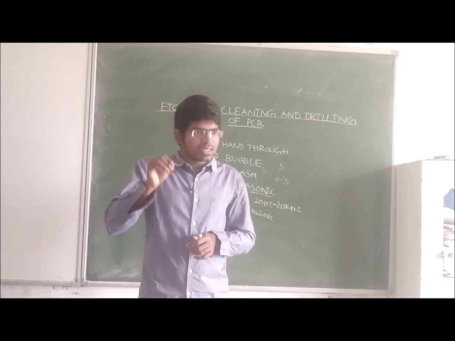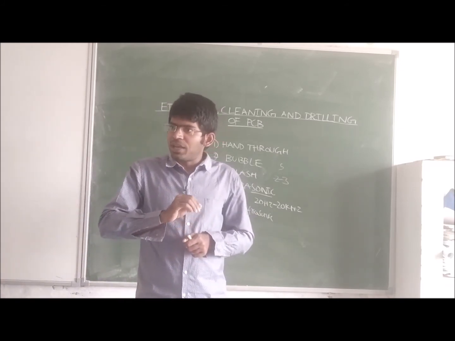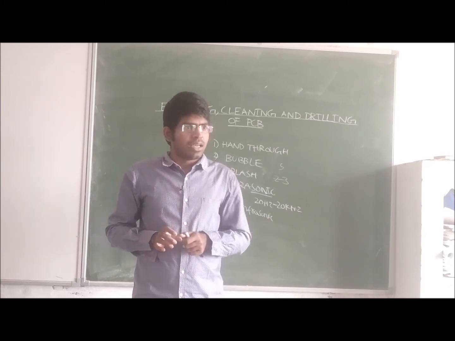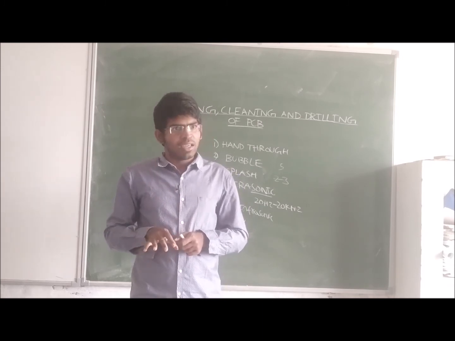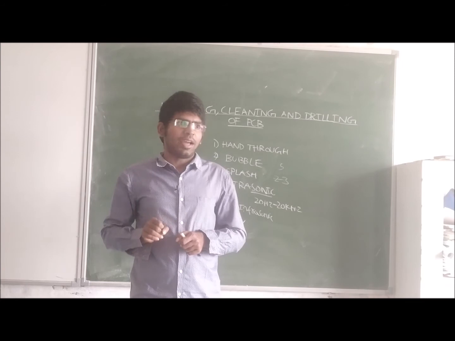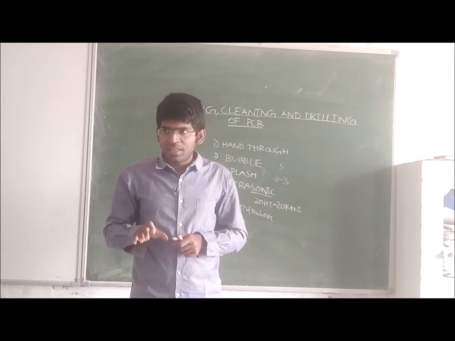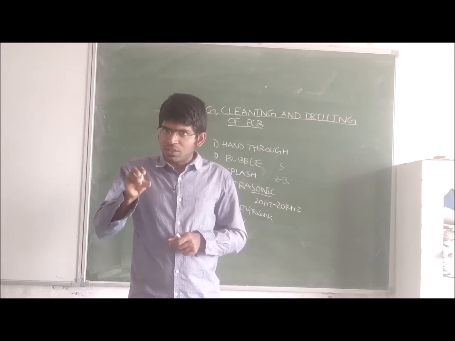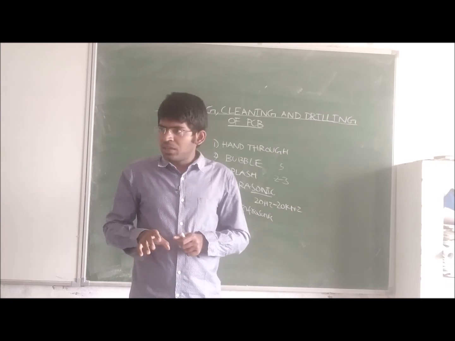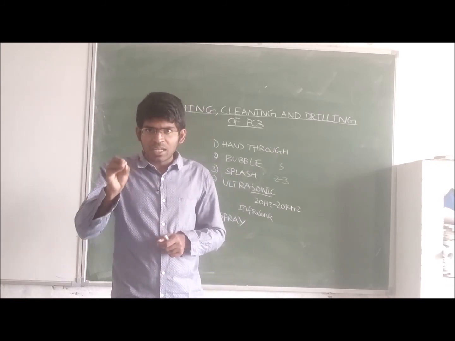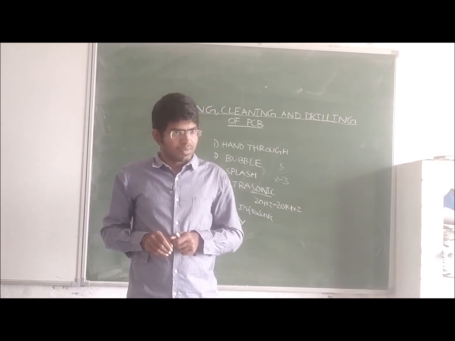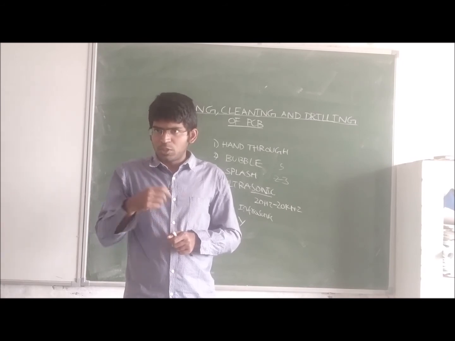This 5% oxalic acid removes the iron salt and copper salts, and now the PCB is ready. We can take that PCB into our hands. So in the cleaning, first we wash with normal water and then we wash with the 5% oxalic acid. Now we dry this PCB.